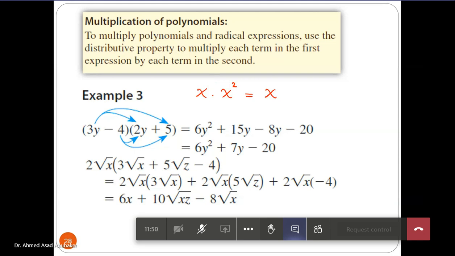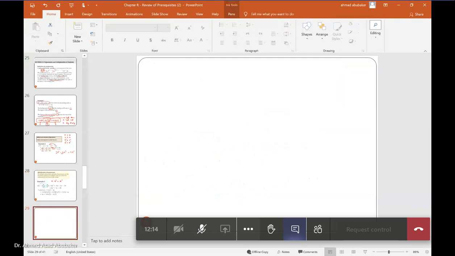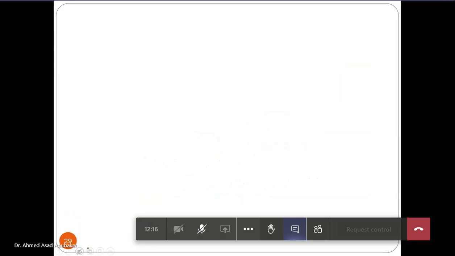So we have 1 plus 2, the new exponent equals 3, x to the power 3. Okay? Now, look at this. I put it in a new slide. This one you already have the solution. A new question in multiplication.